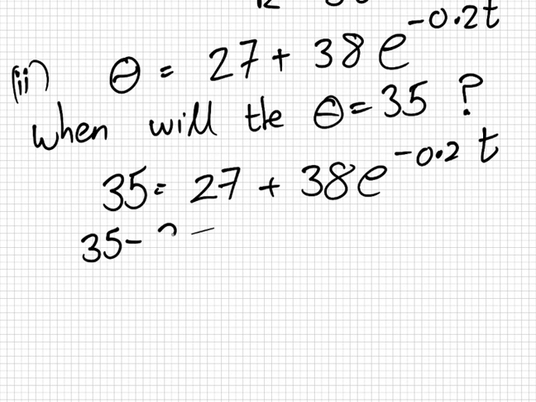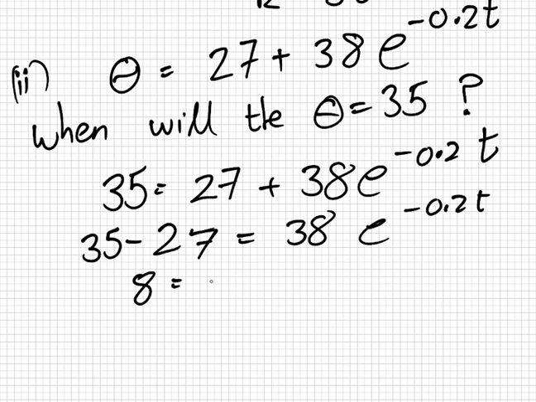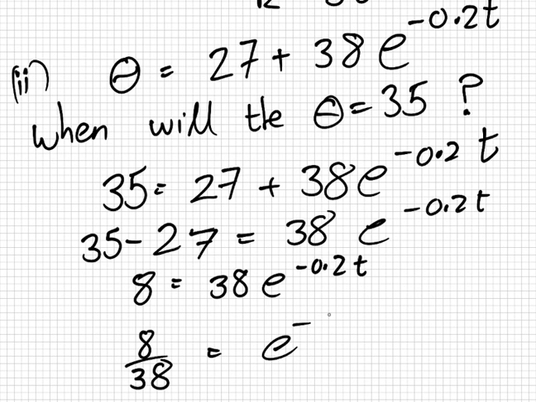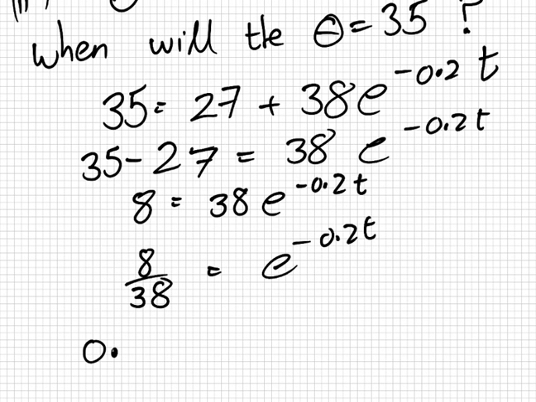So I take the 27 to the left, and this is 8, isn't it? 8 equals 38 e power minus 0.2 t. I divide by 38. So can someone just give me that as a decimal? 0.210 equals e power minus 0.2 t.